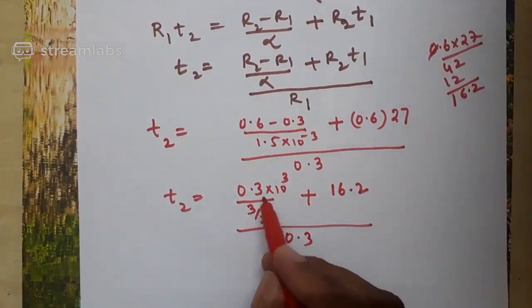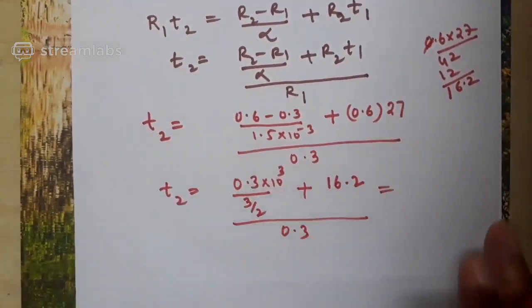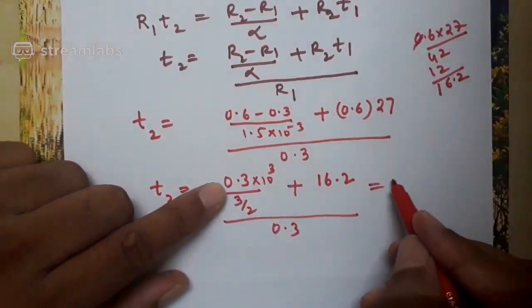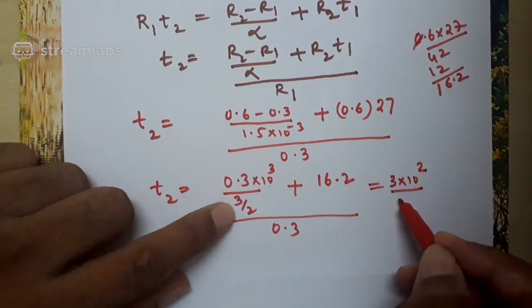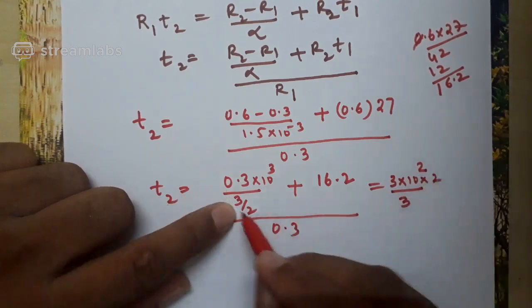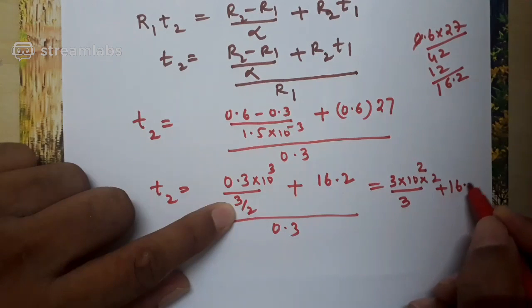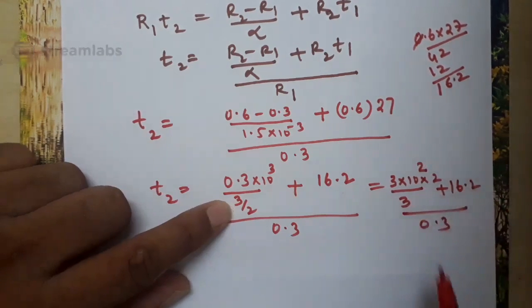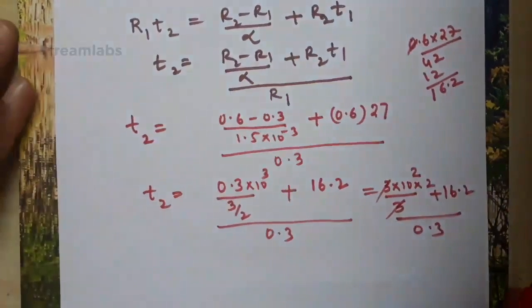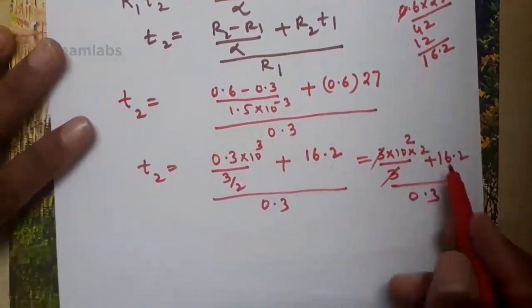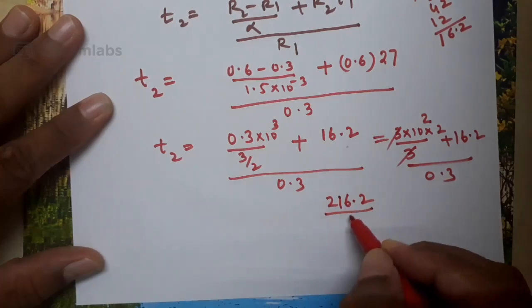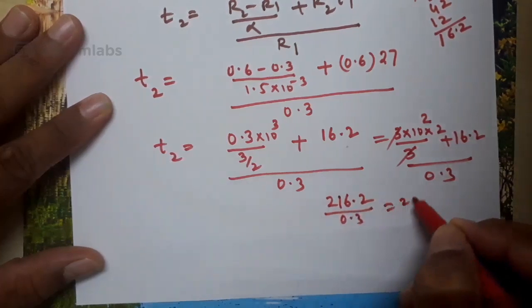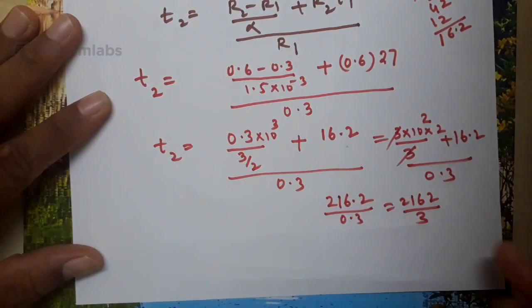I think, if I am not wrong, see, without using a calculator, how to calculate this? This can be taken as power 2 by 3, and the 2 will go to the numerator, plus 16.2, divided by 0.3. Do you agree with me? This 3 will get cancelled. So what are you left with? 200 plus 16.2 is 216.2 by 0.3, or 2162 by 3, correct?